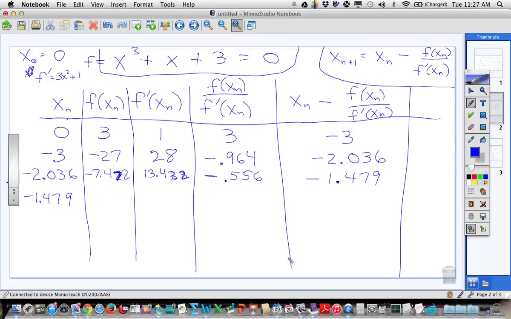It didn't change. The only thing that was changing was numbers out there farther. Now, it might take more than 3 more steps, but I want you to go at least 3 because you need to practice this, because on your take-home, you're going to have to do this. And I think at least one more in the homework tomorrow. You're going to have to do one with this table, so I want you to have this process. And I'm going to show you some shorter ways we can get to them also.